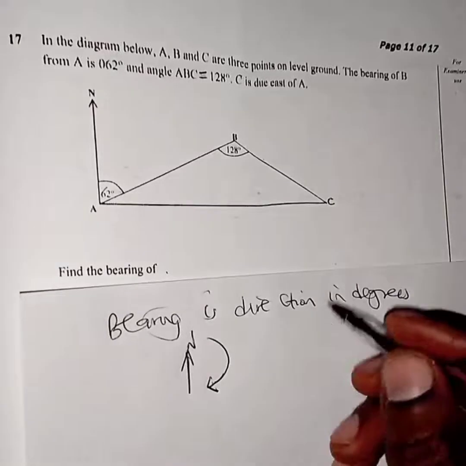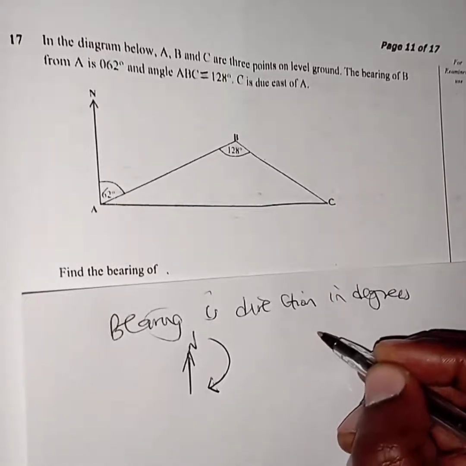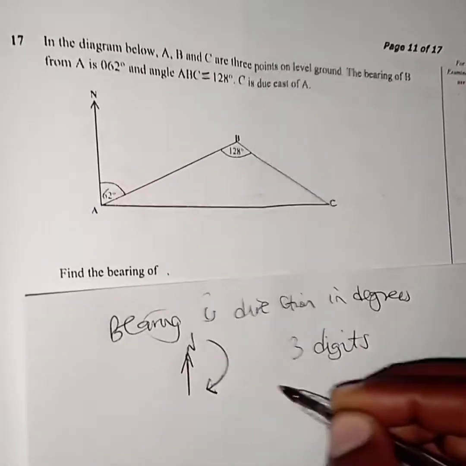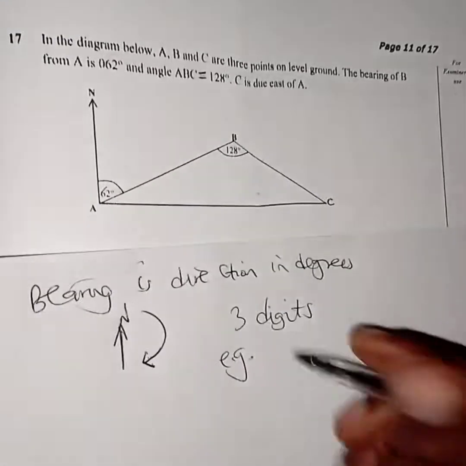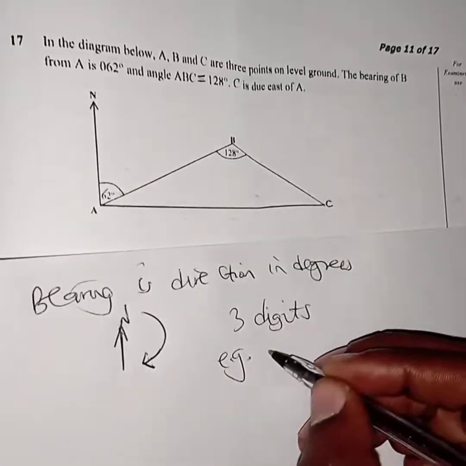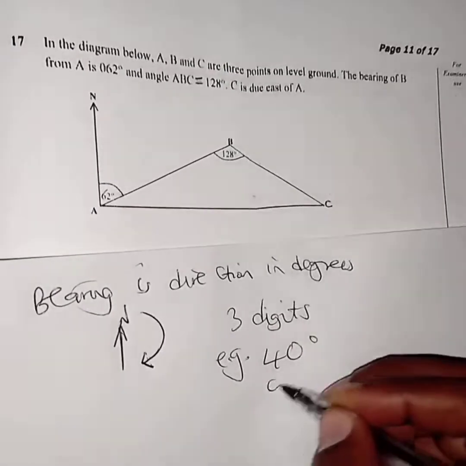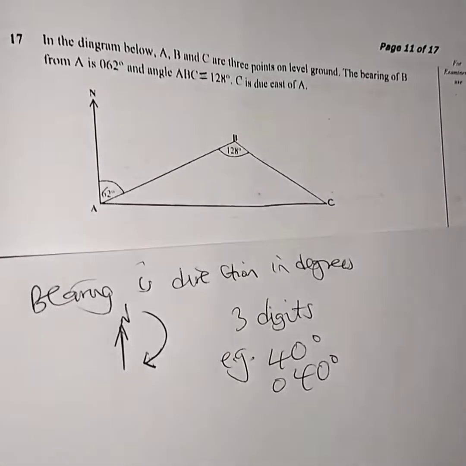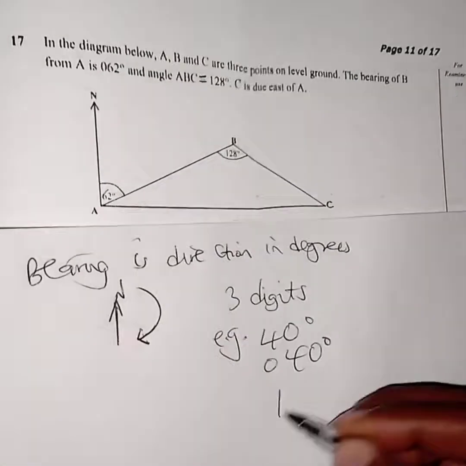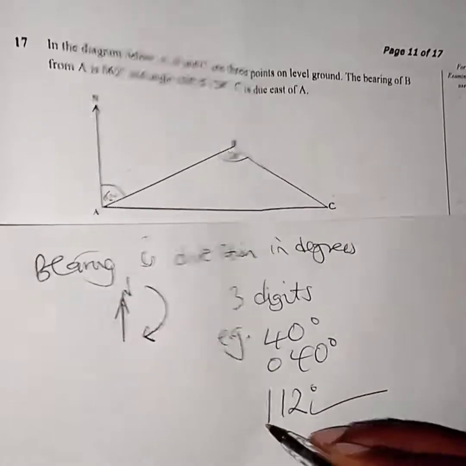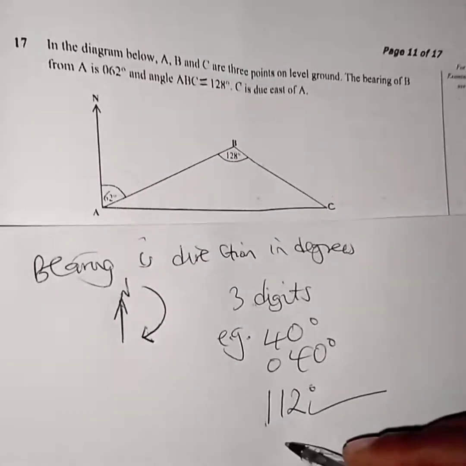Then bearing we write in 3 digits. For example, if the bearing is 40 degrees, write 040. But if it's 112 degrees, it is still fine because it is already in 3 digits.